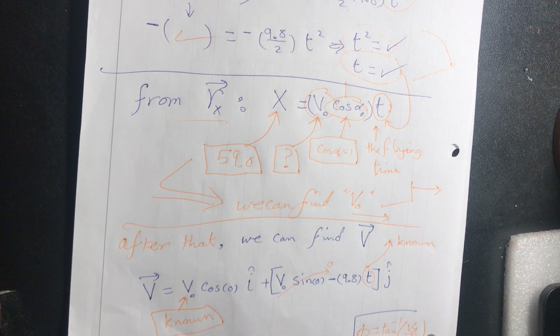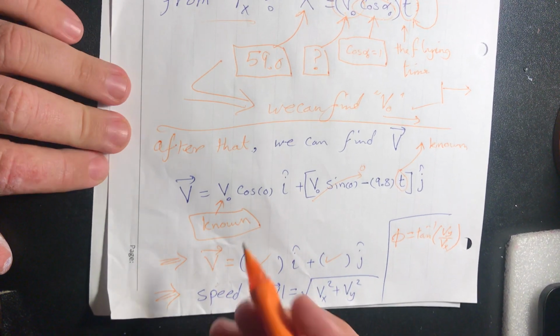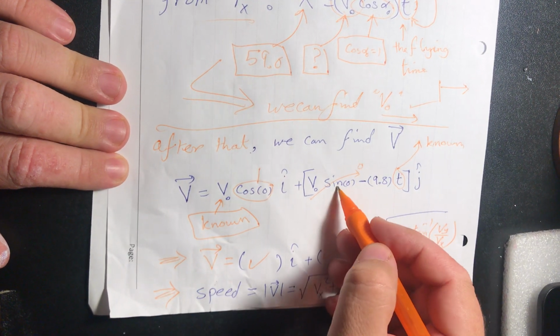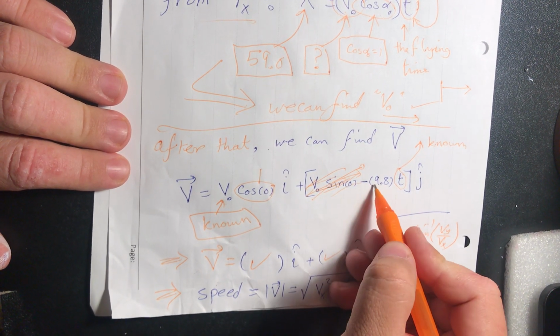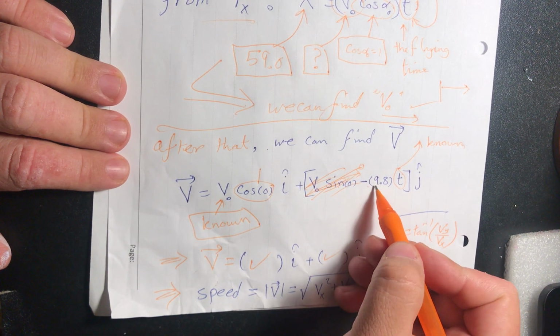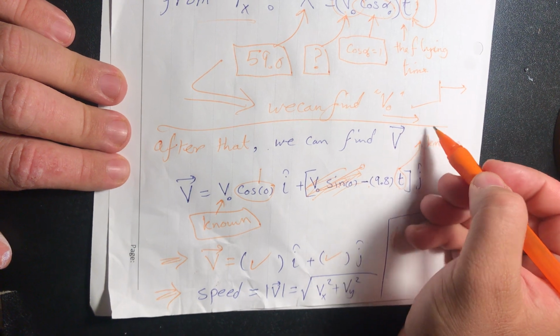Now, if we need to find the speed, this is the velocity vector. V naught is known. Cosine 0 is 1. Sine 0 is 0, so this term will be dropped. G is in the negative direction, negative 9.8, multiplied by t. T will be computed from before.